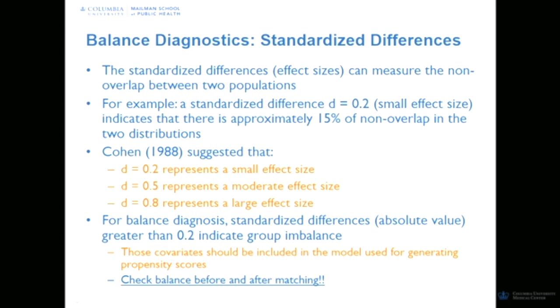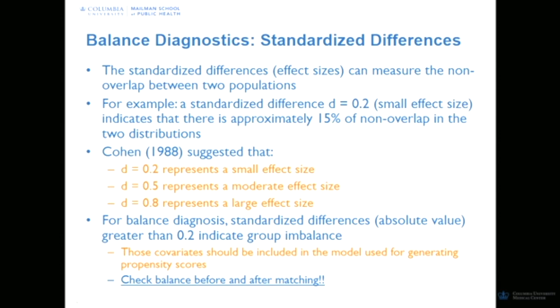That's why a rule of thumb is, when you take your initial groups before matching, you calculate the effect sizes, and you can assess imbalance using this standardized difference D. If it is in absolute value greater than 0.2, that indicates some imbalance between the groups. So what?